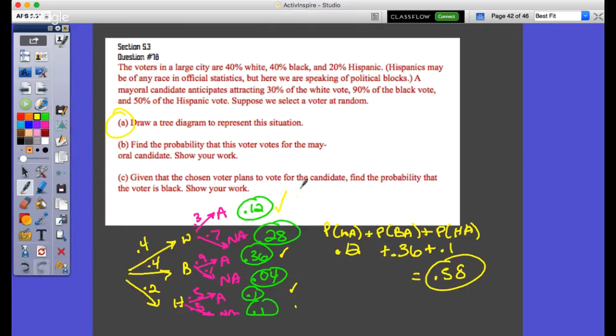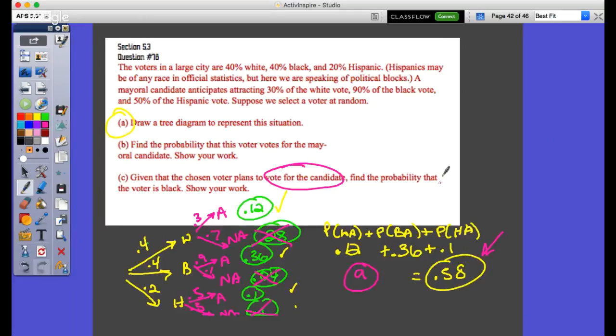So then we say, given that the chosen voter plans to vote for the candidate, find the probability that the voter is black. So if I am given that the voter will in fact vote for the candidate, that means anyone that would not vote is eliminated, because what was given was the fact that they voted for the candidate. So out of the 0.58, which is what we added here, the 0.58 was given.